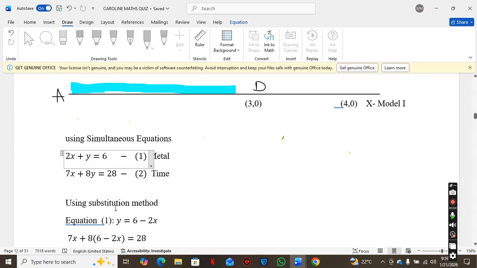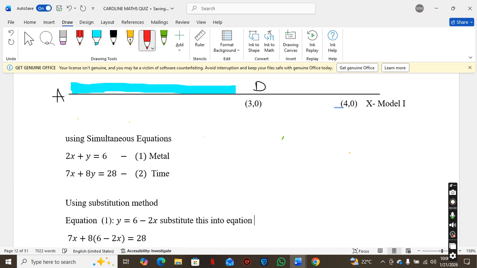So using the substitution method, I'm going to make y the subject of the formula for this equation here. When we make y the subject of the formula, it becomes y equals 6 minus 2x. We're going to substitute this into equation 2.